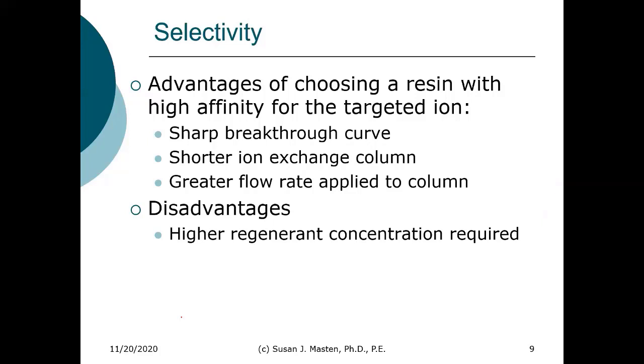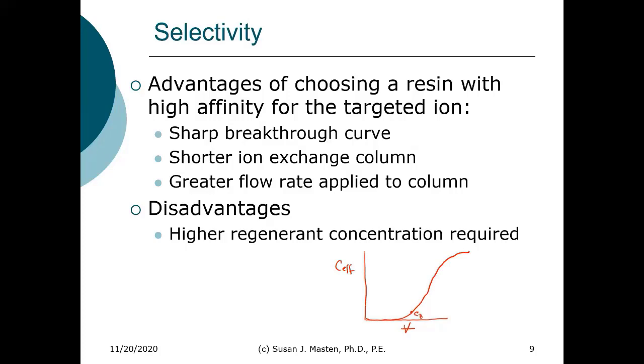Selectivity plays a significant role in the operation of the resin. So if you have a resin with a high affinity for that ion, and if we plot C effluent versus the volume that we treat, we get a breakthrough curve.